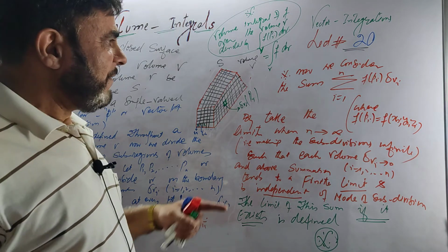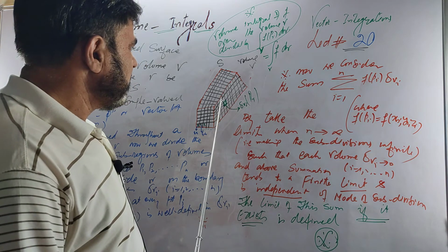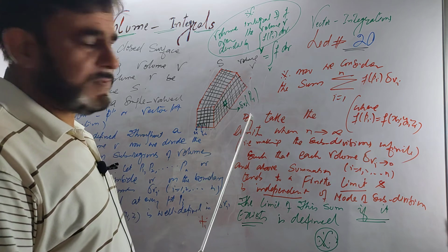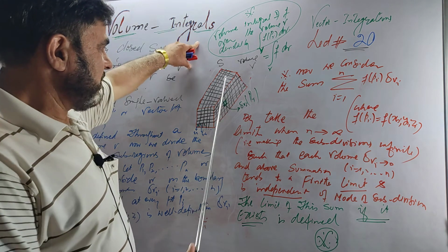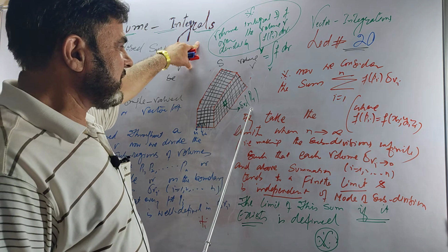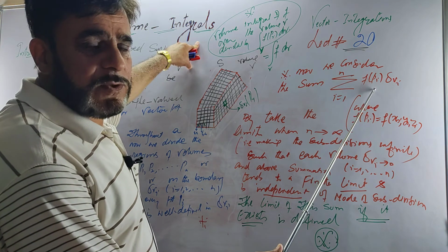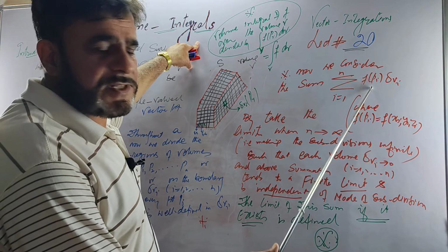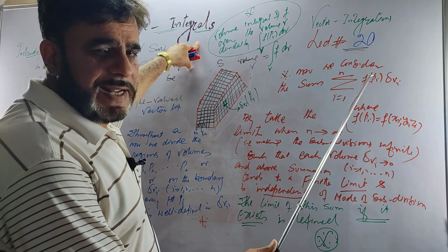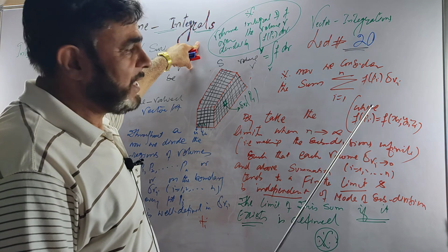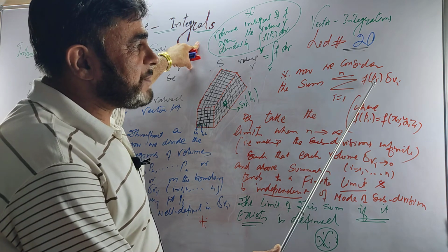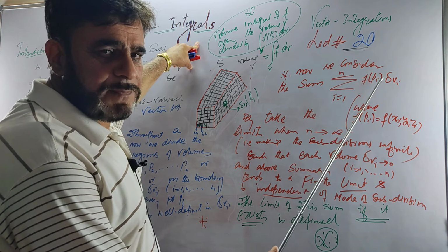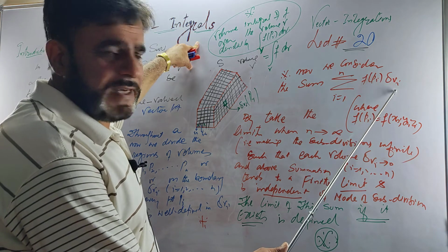Pi is a point in this volume, delta Vi is a very small volume, these are smaller subdivisions. f of Pi is the value of our vector point function or scalar point function at this point, which lies inside this. Then f of Pi into delta Vi is the product of the value of the function at Pi and its volume delta Vi.